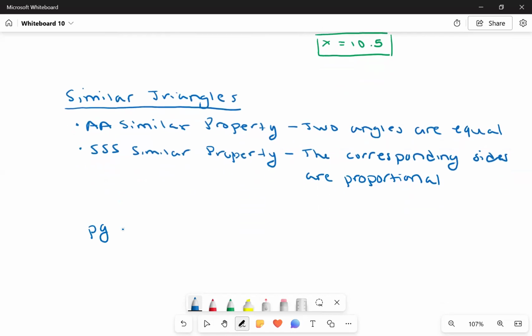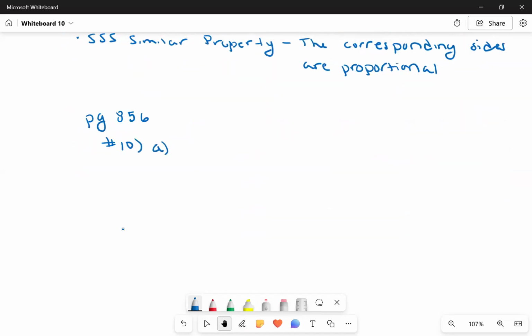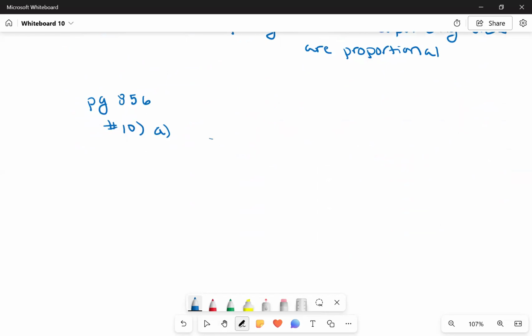Okay, so let's look at some examples of this. If you want to go ahead and look at page 856, number 10. I'm going to do some rough sketches. Okay, we'll start with A. We might only do the first couple. Okay, so this one's kind of tricky because they built one triangle inside the other one.